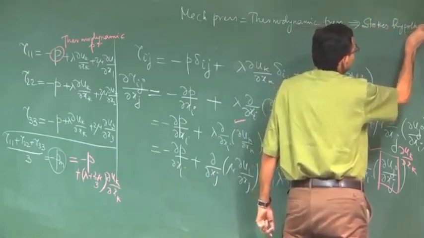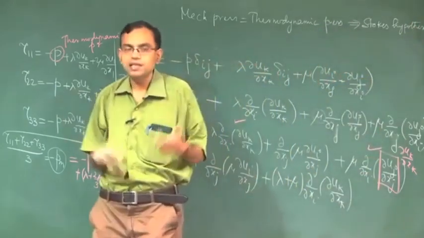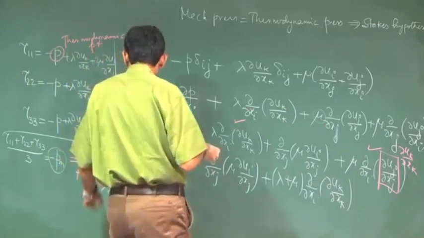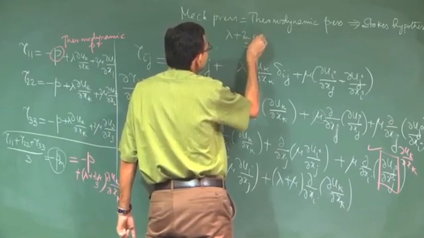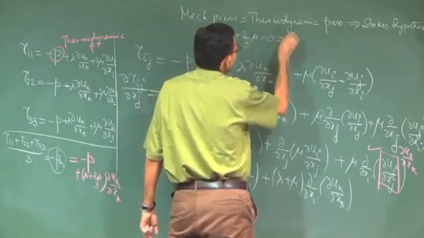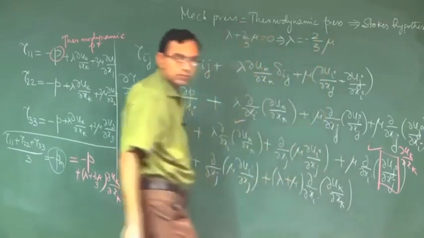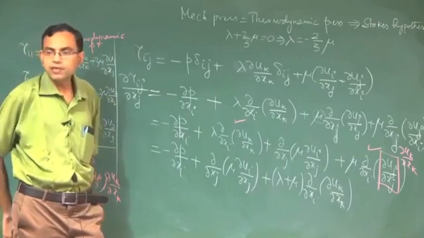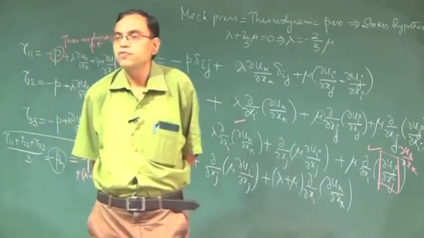It is called a hypothesis because it cannot be proved; just by arguments it can be justified for most of the cases. So, if that be the case, then the obvious conclusion is lambda plus 2 mu by 3 is equal to 0. That means lambda is equal to minus 2/3 of mu. This is the so called Stokes hypothesis, and the fluid that obeys this is called a Stokesian fluid.